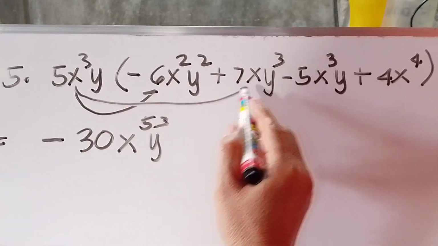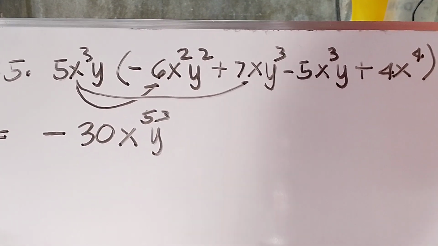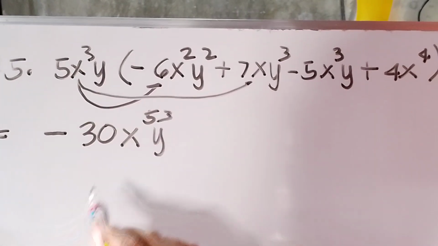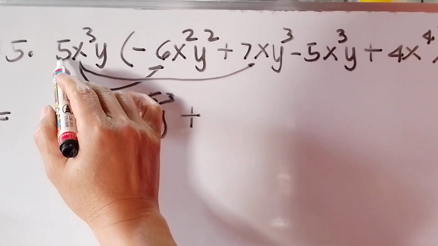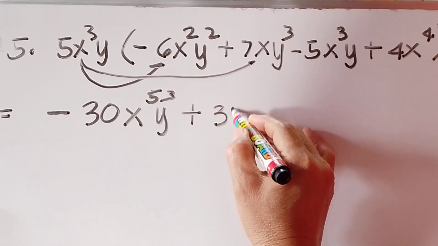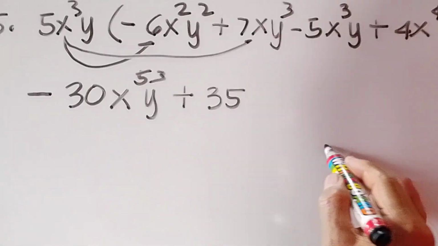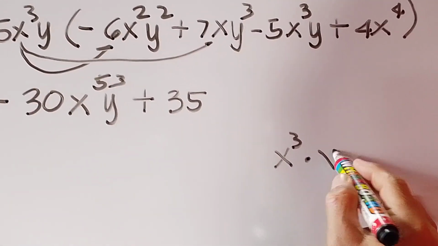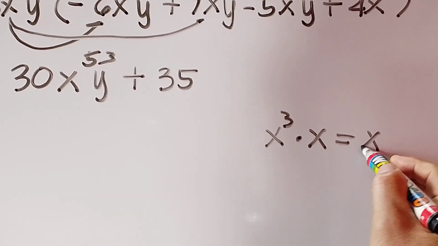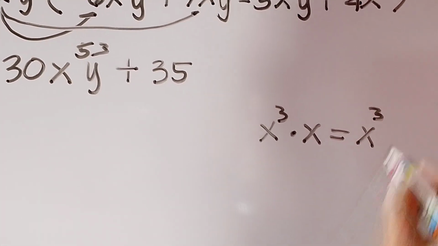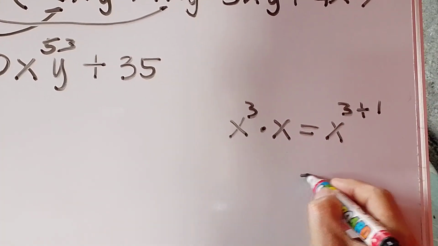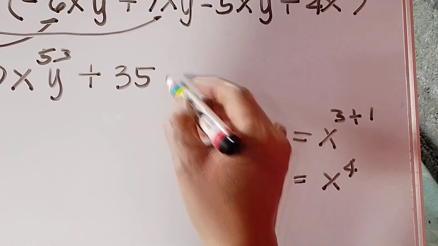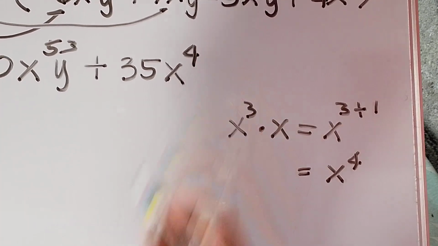So this one multiplied by 7xy cubed. Positive times positive is positive. So 5 times 7 will be equal to 35. So x cubed times x. So this will be x to the 3 plus the invisible 1, plus 1. So this will be x to the fourth.